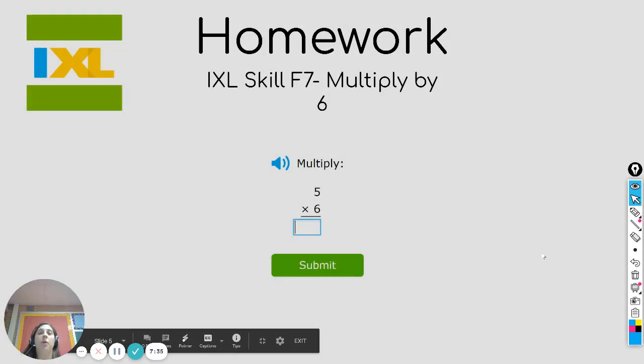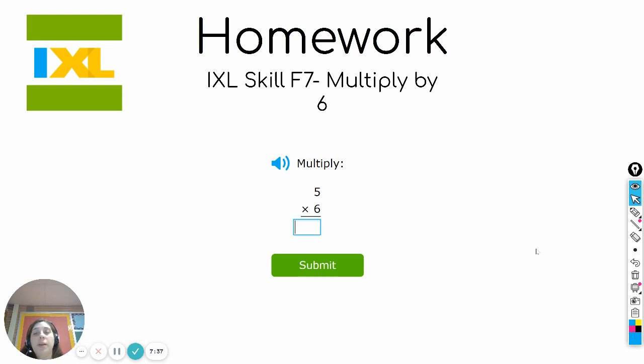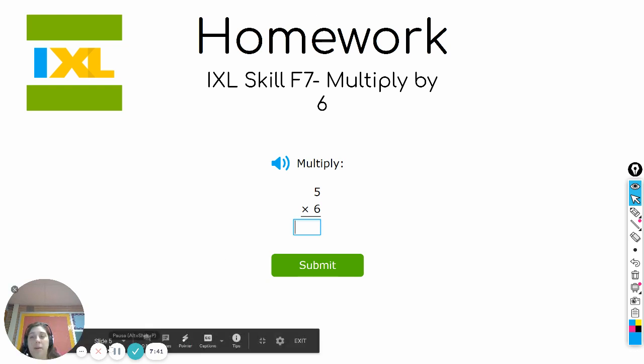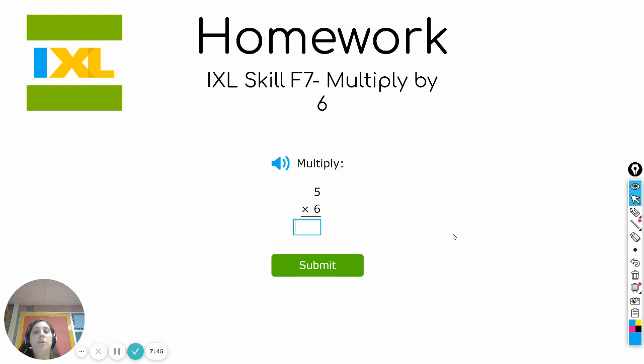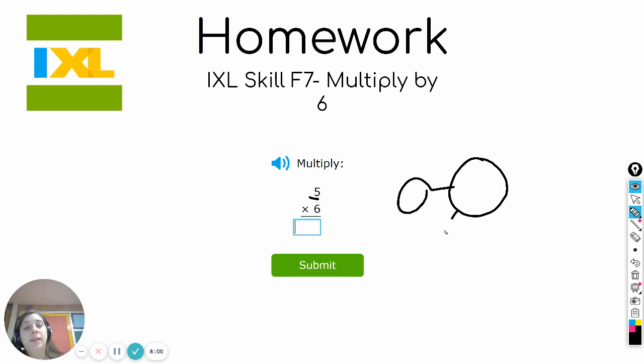We're now to the part where you're going to work on your homework alone. The skill you're working on is skill F7, multiply by 6. So for example, this first problem here, you see 5 times 6. So if you're using your number bond to help solve, first number is 5, so you would make 5 legs. 2, 3, 4, 5.